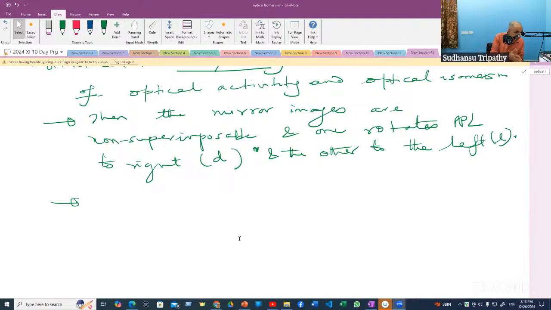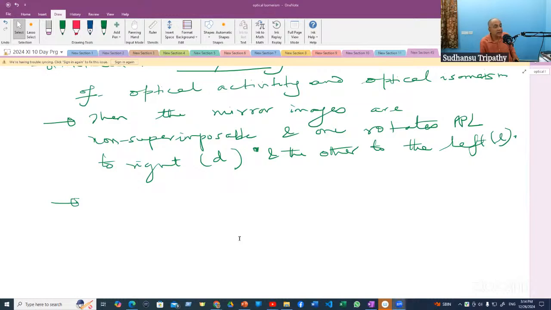But primary, I want to hear from you. Rudra, I have already told. There are two aspects of optical activity. One is the presence of chiral center, one or more chiral centers, chiral atoms. And the other one is the presence of chiral axis. Okay. But those are not the factors.